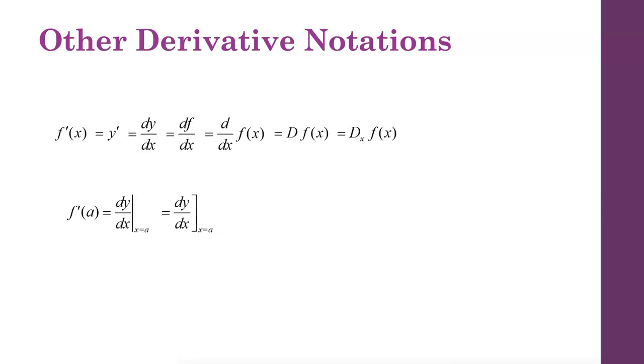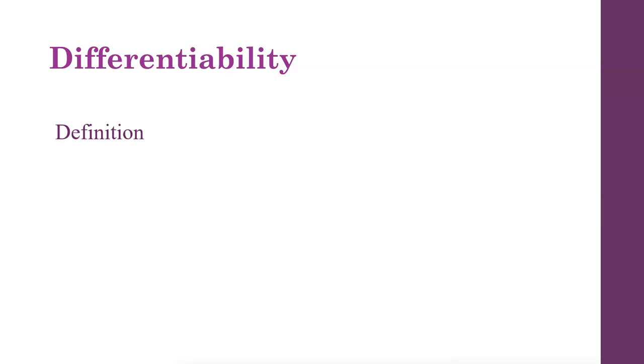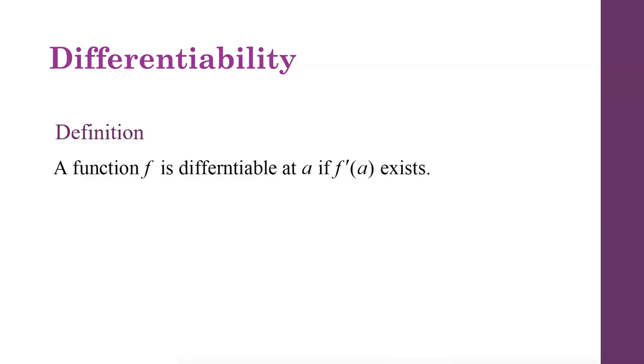So now that we've looked at different definitions and notations, next thing we want to define, what does it mean for a function to be differentiable? Right. So by definition, we say a function is differentiable at a value a if f prime of a exists. Right.